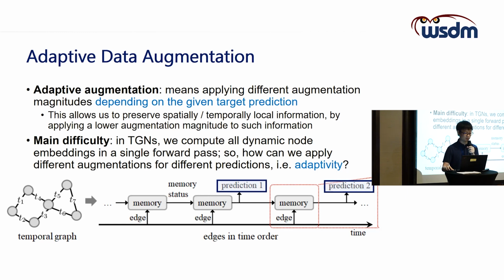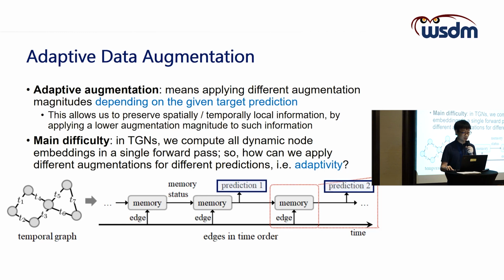The information from these two nodes is spatially local, so we would like to preserve that information. What that means in terms of data augmentation is that we would like to apply a lower data augmentation magnitude to the very spatially local information.